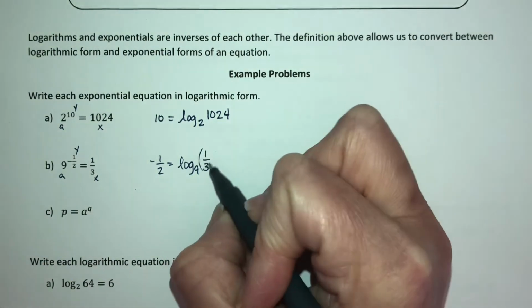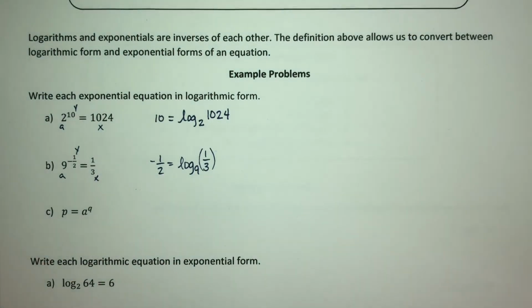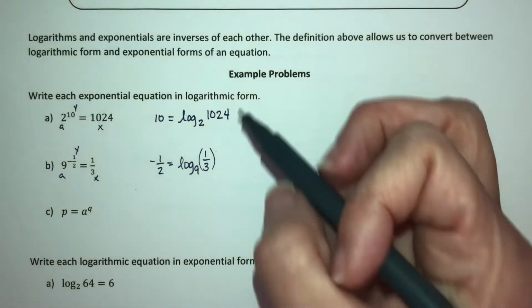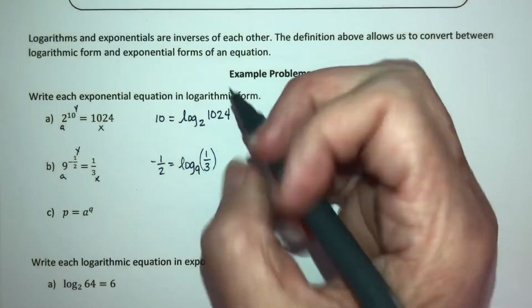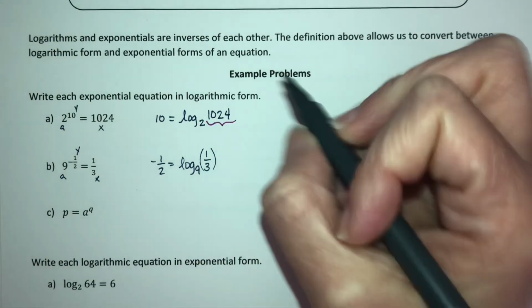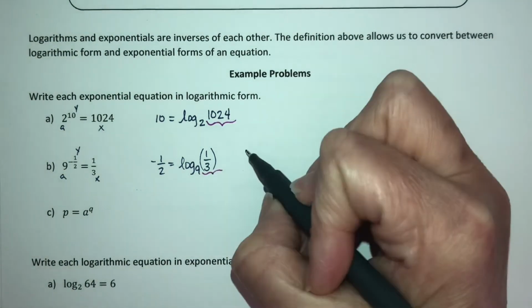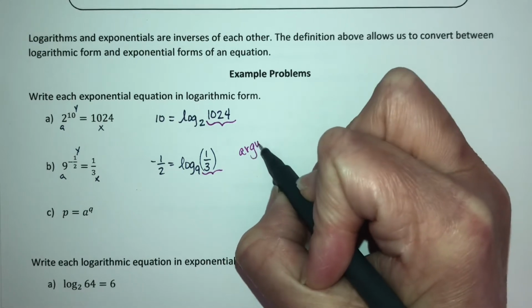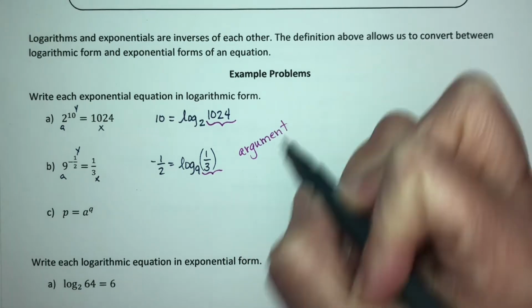Often you're going to see a fraction when you have it belonging to a logarithm. This number here, whatever is right here and right here, that's called the argument of the logarithm.